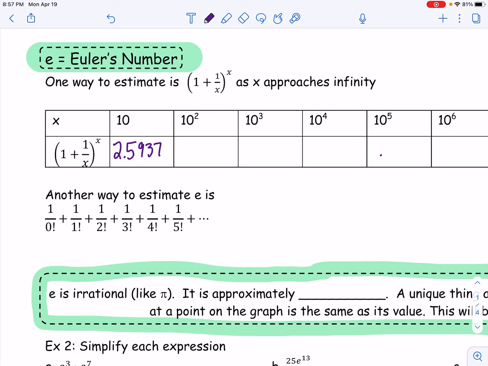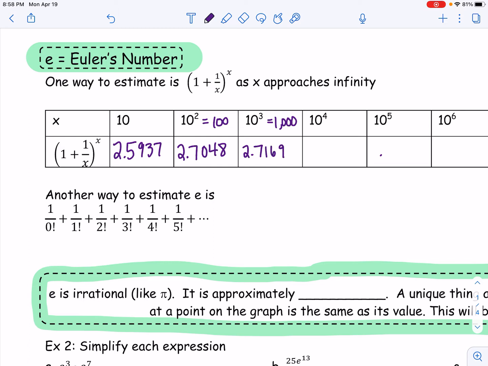And I'm just copying this straight from my calculator. If I plugged in 10 squared, which is 100, so if I did 1 plus 1 over 100 raised to the 100th power, I would get 2.7048.